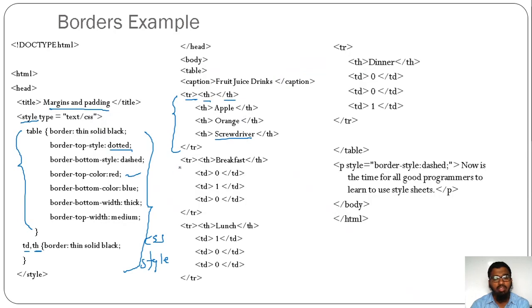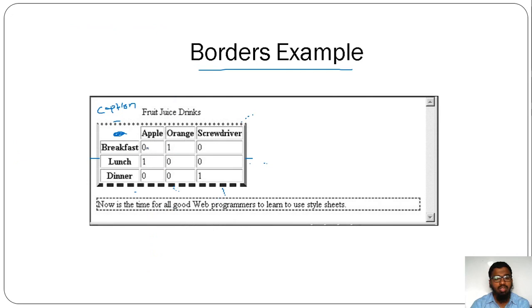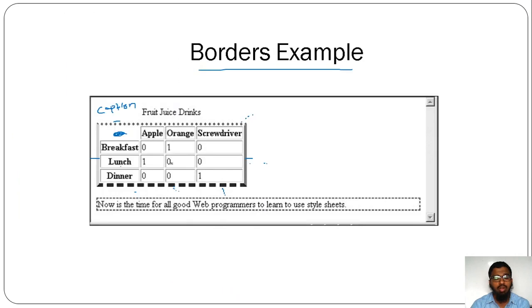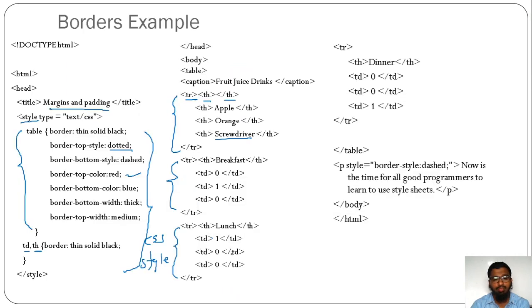Next, second row: TR, TH is breakfast, and TD is 0, TD 1, TD 0. That is another row. Next row, TR is lunch, and the table data is 100.